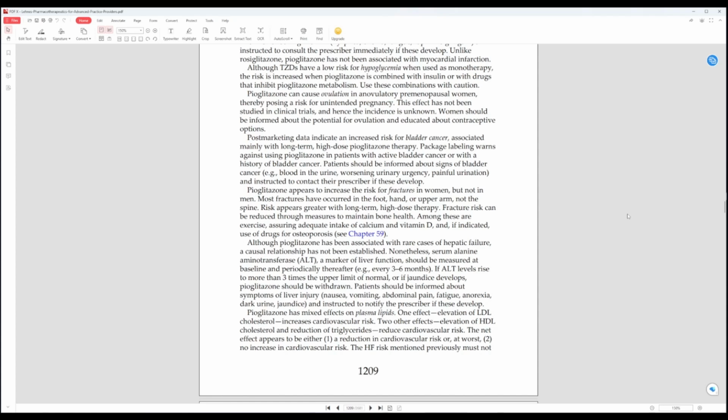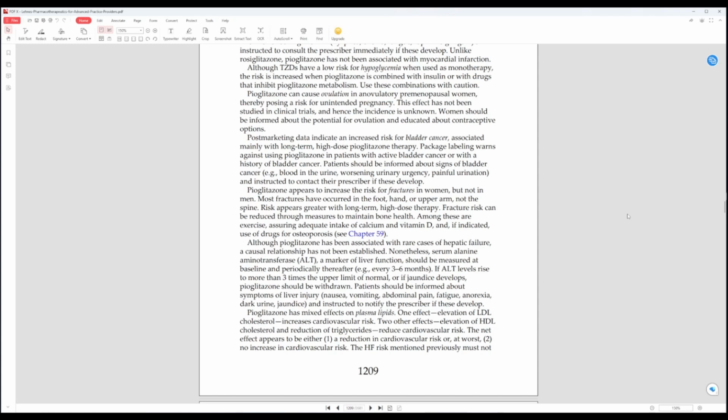Post-marketing data indicate an increased risk for bladder cancer, associated mainly with long-term high-dose pioglitazone therapy. Package labeling warns against using pioglitazone in patients with active bladder cancer or with a history of bladder cancer. Patients should be informed about signs of bladder cancer (blood in urine, worsening urinary urgency, painful urination) and instructed to contact their prescriber if these develop.